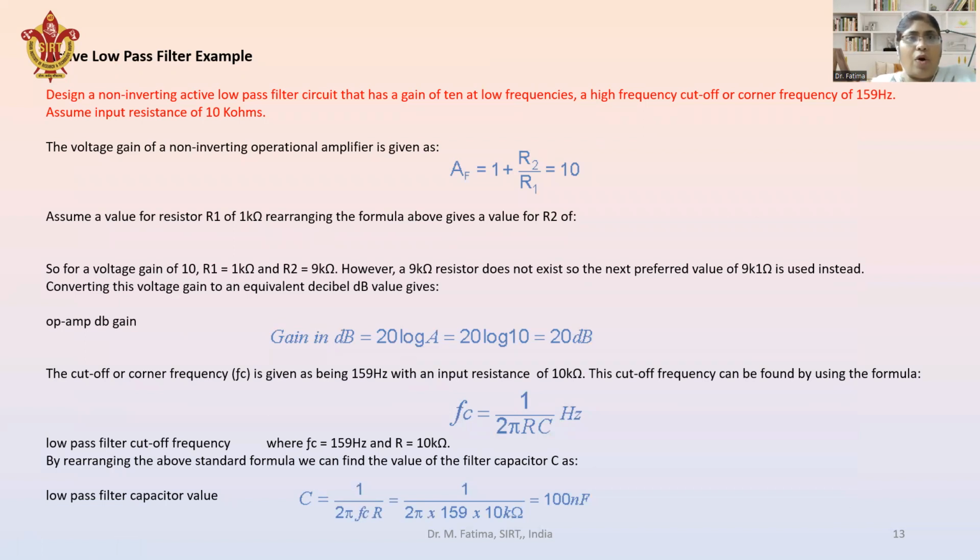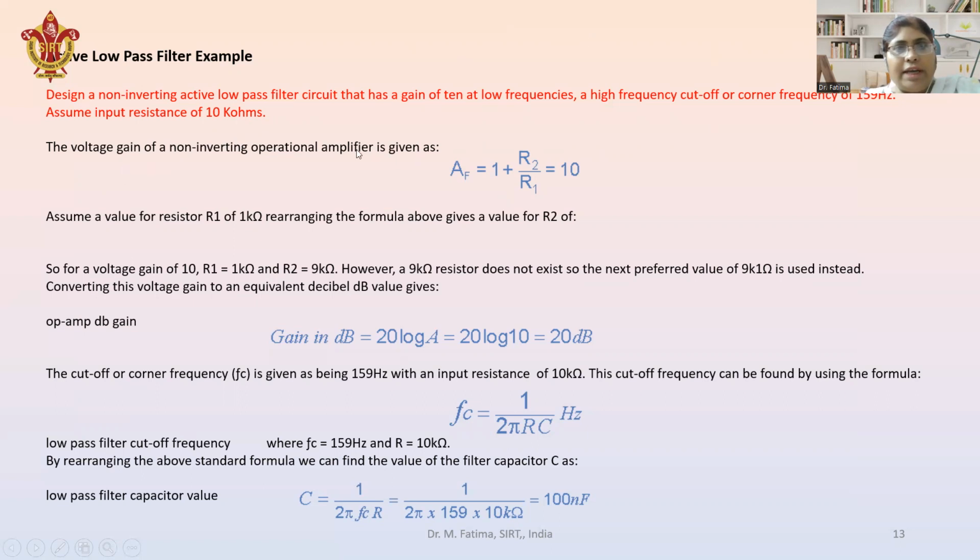Now design a non-inverting active low-pass filter circuit that has a gain of 10 at low frequencies and a high cutoff frequency, or corner frequency, of 159 hertz. Assume the input resistance is 10 kilo ohm.